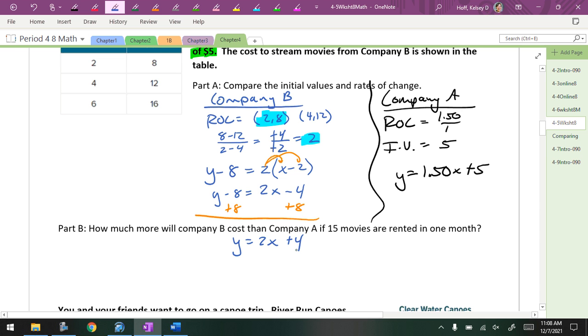Okay, now I need to write some comparison sentences. You can write it in one if you want to, but you can even write two separate ones. The first one comparing the rates of change, the second one comparing the initial value. Somebody compare Company A and Company B's rates of change.